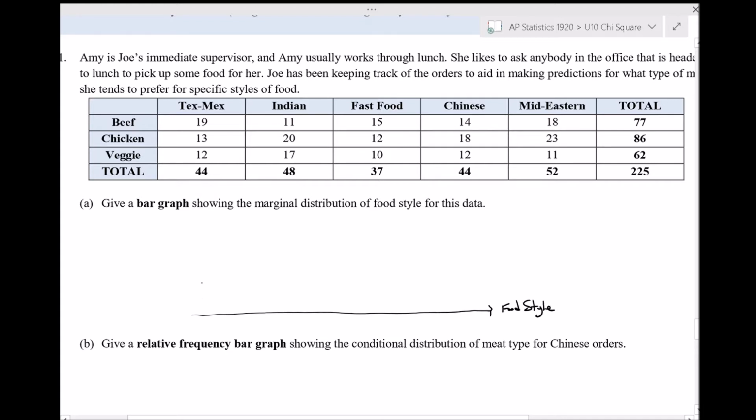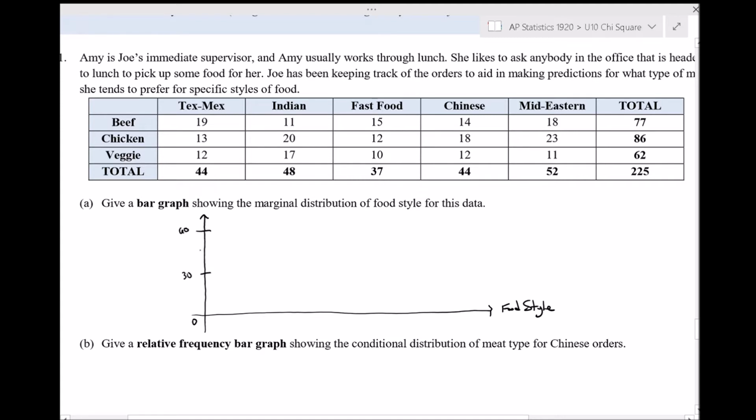We're going to have a y-axis for, I get to choose frequency or relative frequency. I'm going to leave it as frequency because I don't want to do extra math. So I'm going to be using those numbers exactly, the 44, 48, 37, 44, and 52. So I notice that the largest number out of all of those is 52. So I'm going to go ahead and say this is out of 60, just to make it simple, round it up. So 60, halfway is 30.